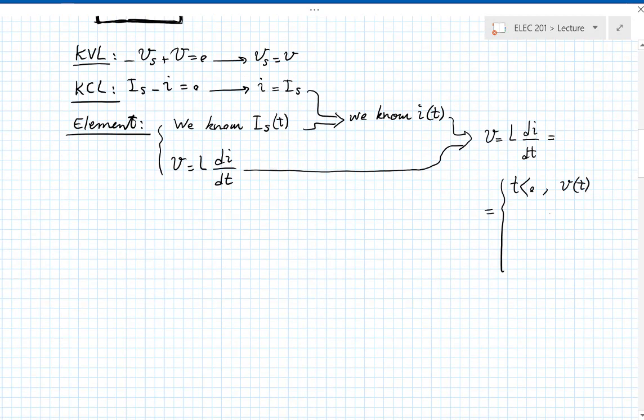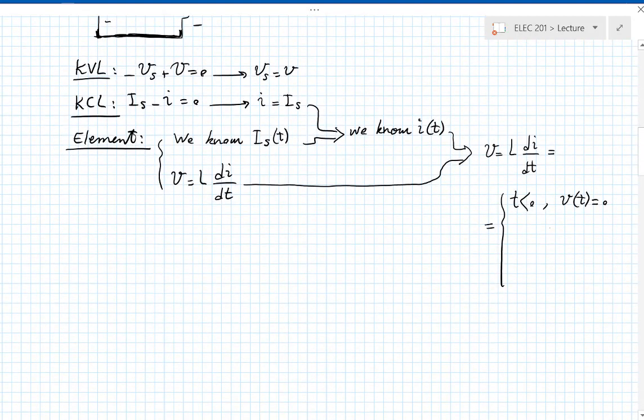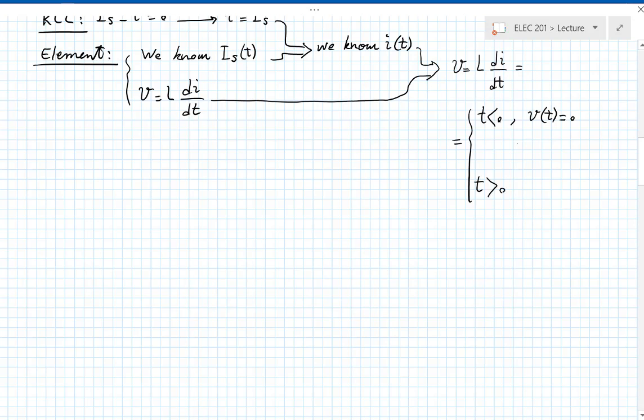So V of t is 0. And we see the same thing for t greater than 0. The current is I naught, but it's a constant, so its derivative will be 0. So for t greater than 0, V of t is also 0.